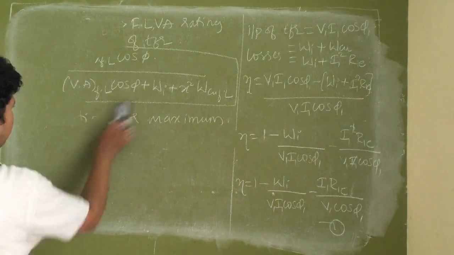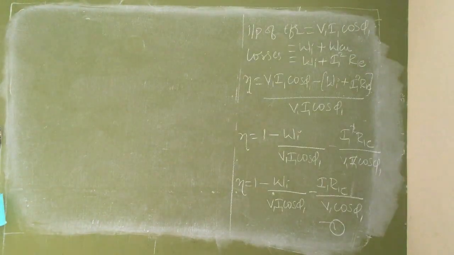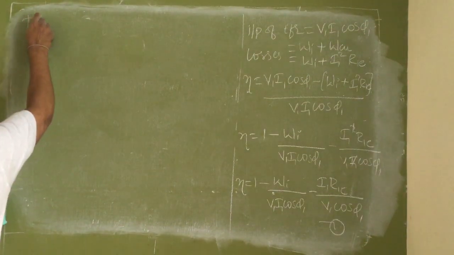To obtain maximum efficiency, I should differentiate equation 1 with respect to current, which is I1 here, and equate it to 0.